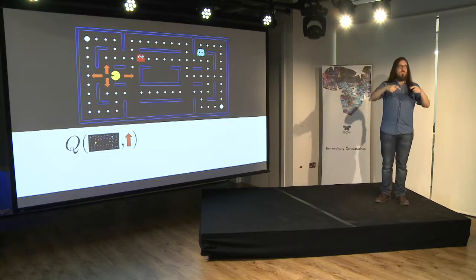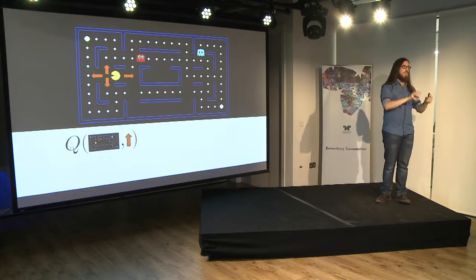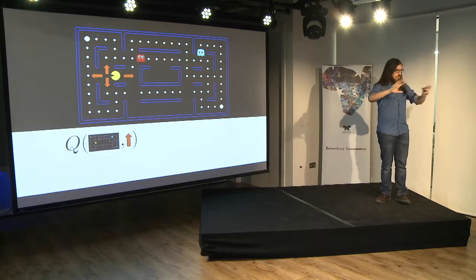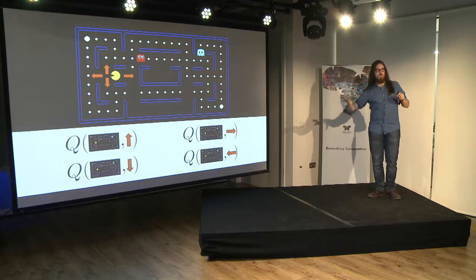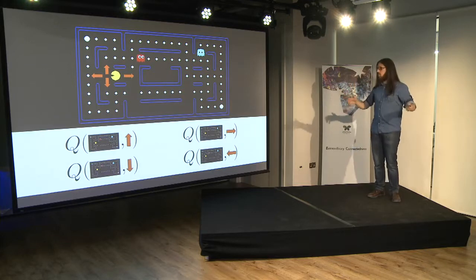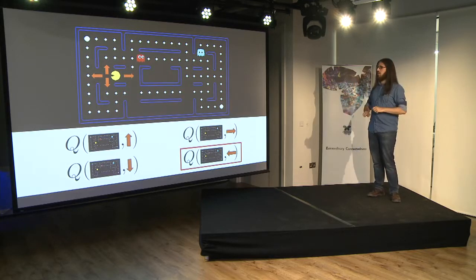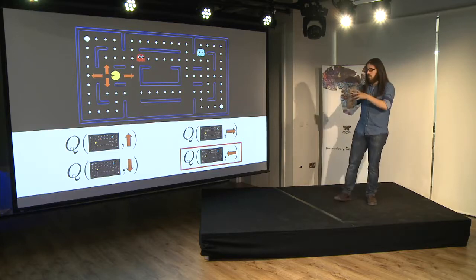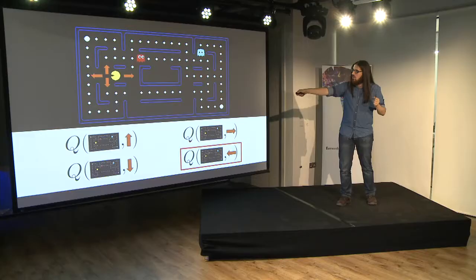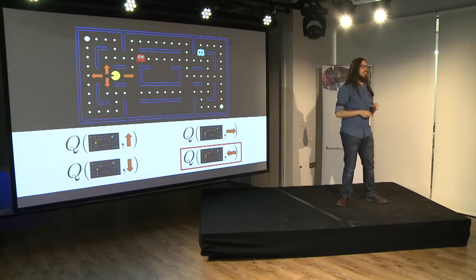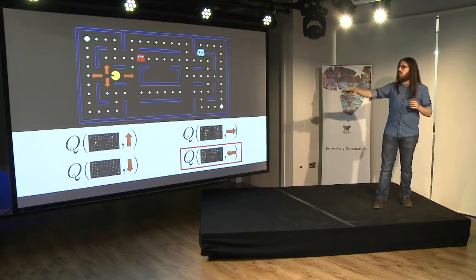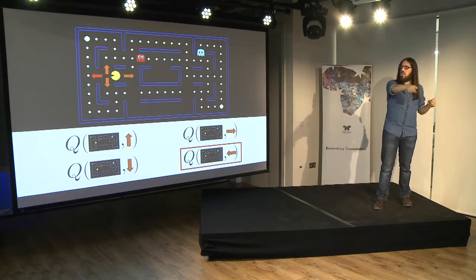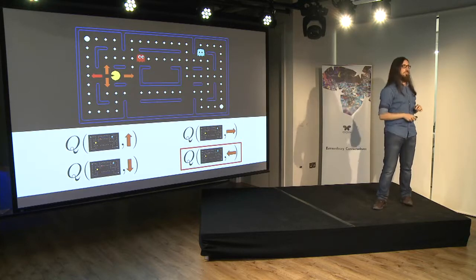If that number is high, then you're generally in a good position. If that number is low, then you're generally in a bad position. That's all it's saying. We can do this for all possible actions you could take, and then just pick the highest and go with that. Say that in this particular case, Pac-Man would prefer to keep going straight, because then you'll be able to go and eat that little white diamond. So if this number is highest, then you will take this action over there.